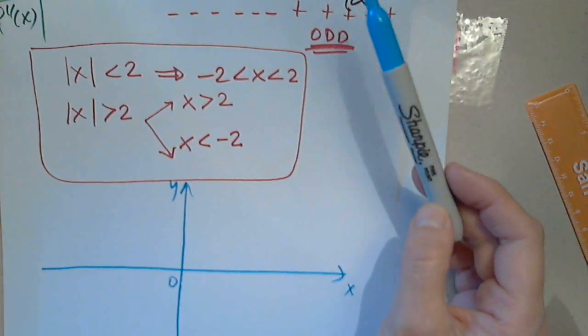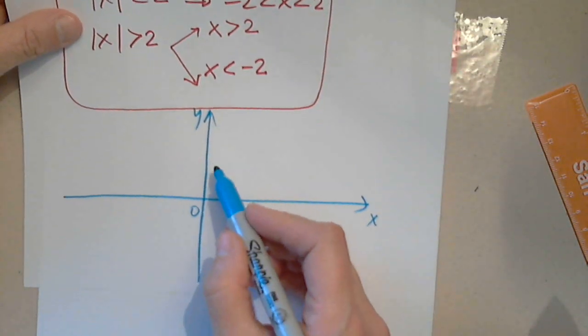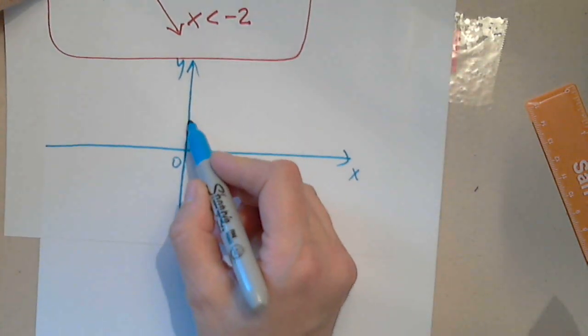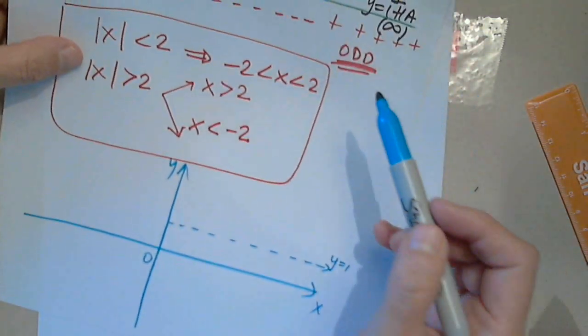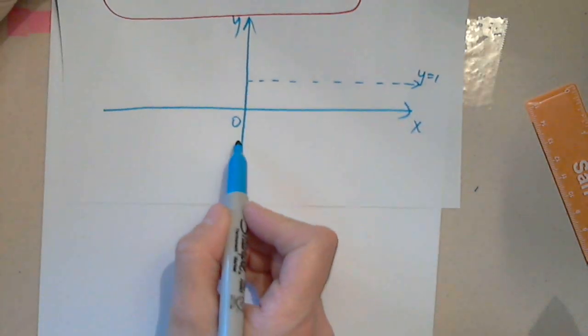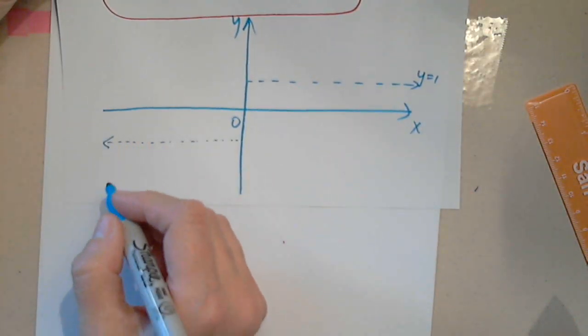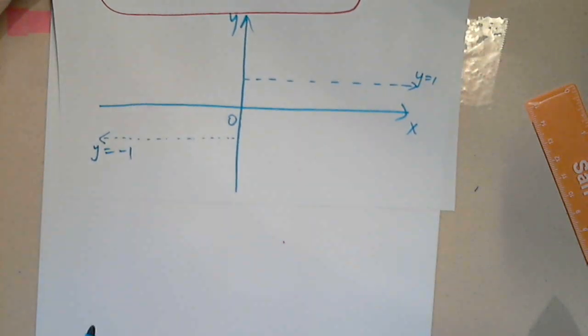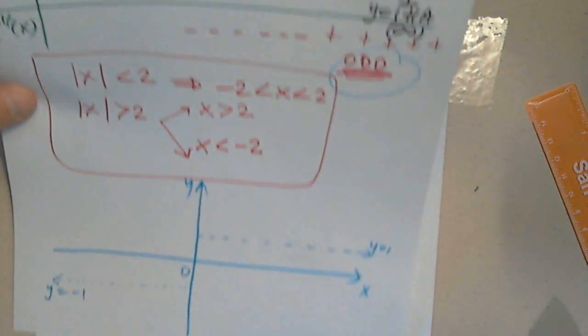I'm told that this function has a horizontal asymptote to positive infinity, which is 1. But because the function is odd, they're not telling us, but it has to have y equals negative 1 at the other end.